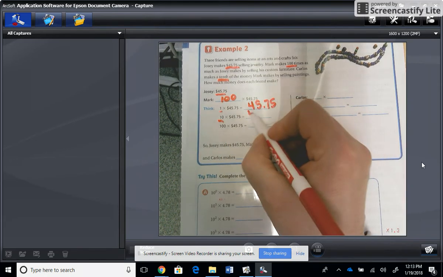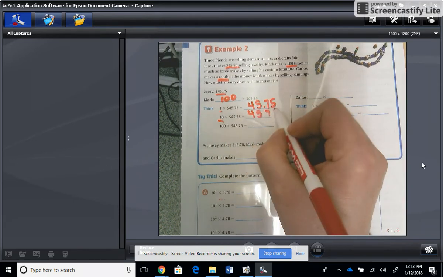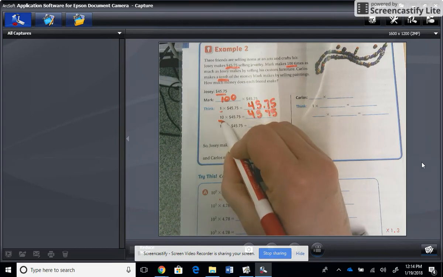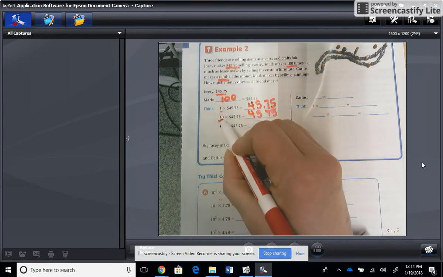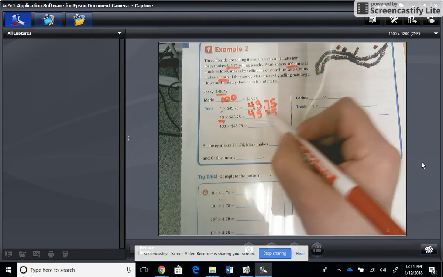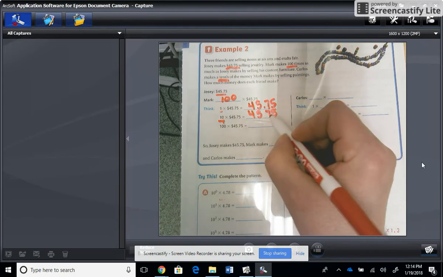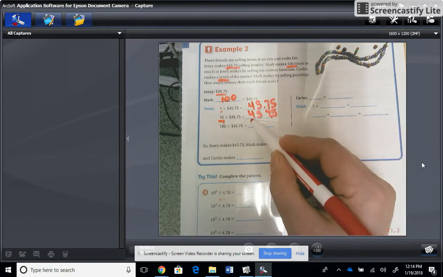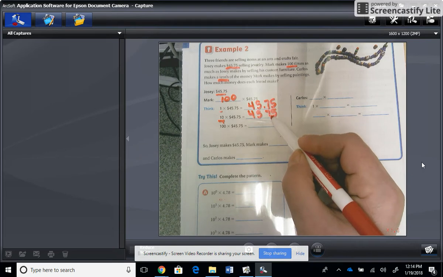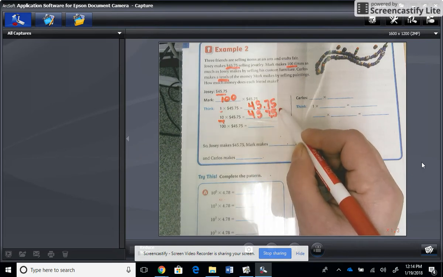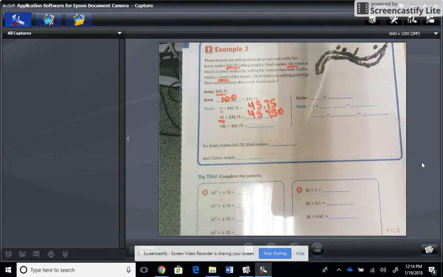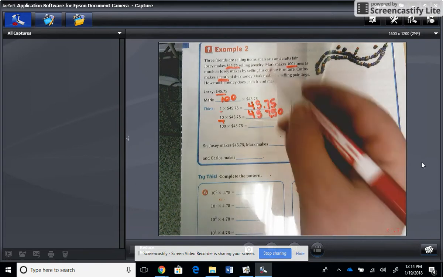If I take it times 10, my digits stay the same, but it gets 1 place larger because I'm taking it times 10. My decimal was here. It is now $457.50. I can put a 0 here if I need to for 50 cents when it's money.